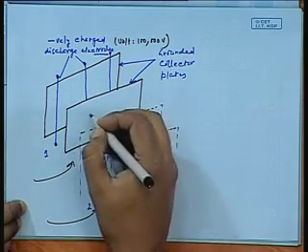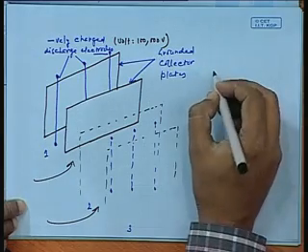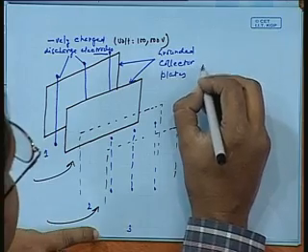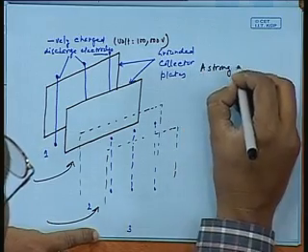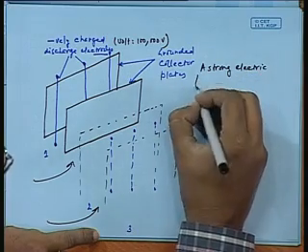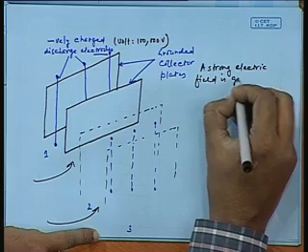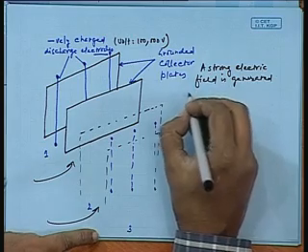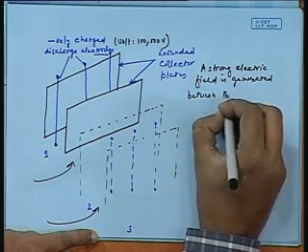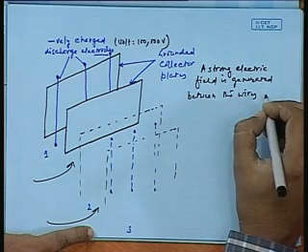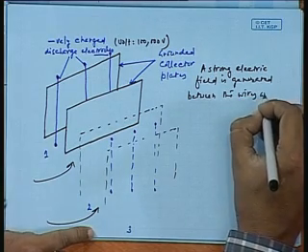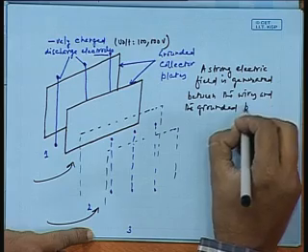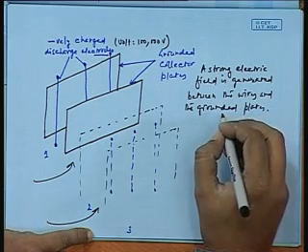As this air flows in through the electrostatic precipitator, a strong electric field is generated between the wires and the grounded plates.